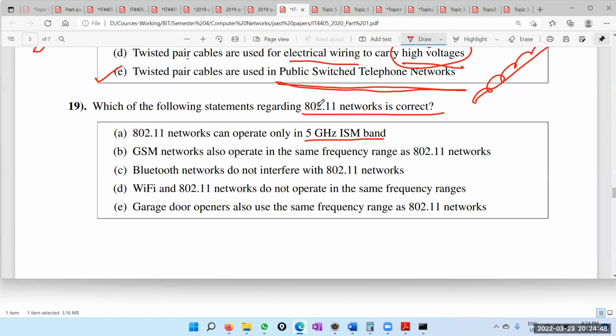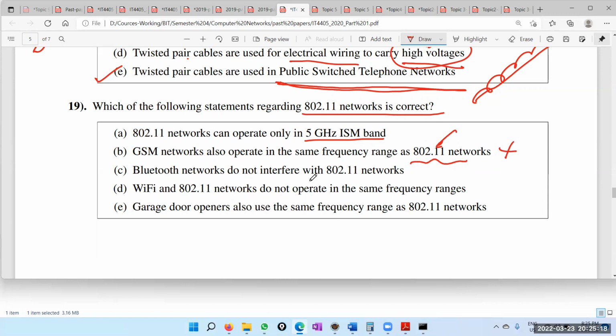GSM networks also operate in the same frequency range as 802.11 networks. I don't think so, because 802.11 is for short range, something like local area networks, personal area networks, etc. GSM networks means the mobile providers. I don't think they are using these standards.